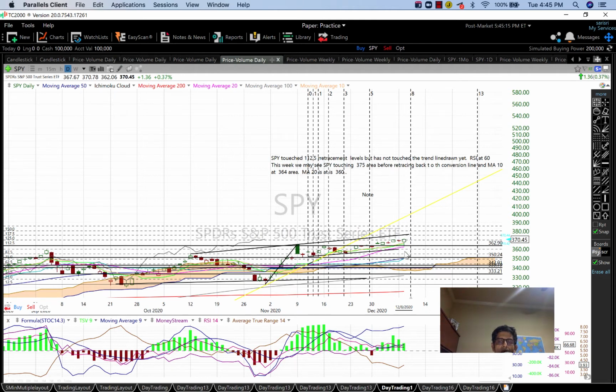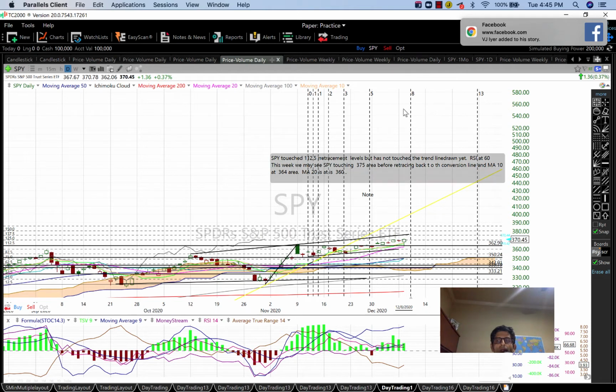And if you look at the time zone, we are very close to the 8 time zone, as you see on the right: 1, 2, 3, 4, 5, 6, 7, 8. So we might see a big move tomorrow morning, and we might see a correction or a retracement from tomorrow afternoon. Or it could start from Thursday morning.